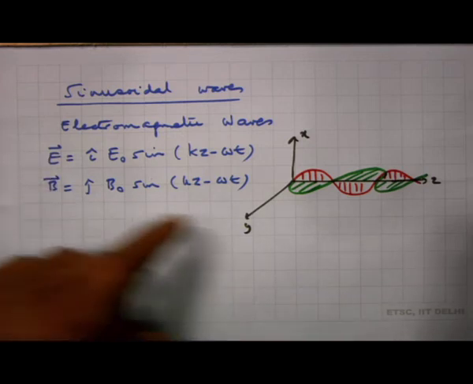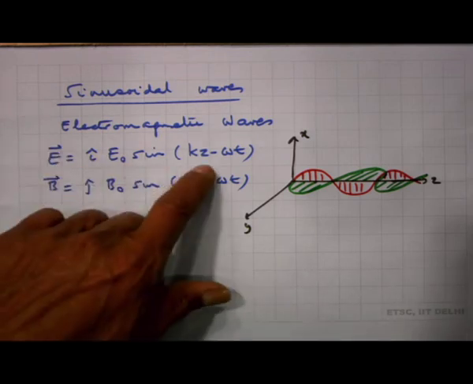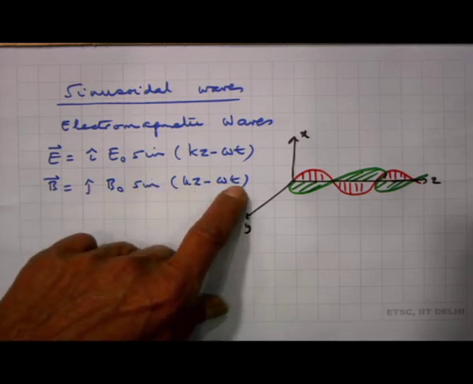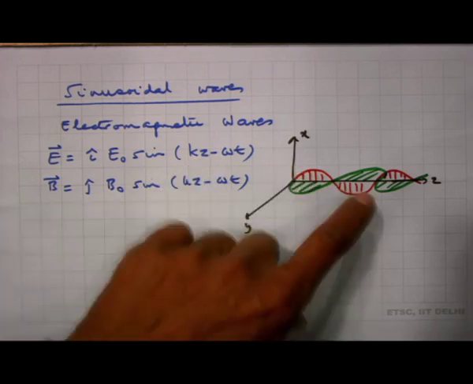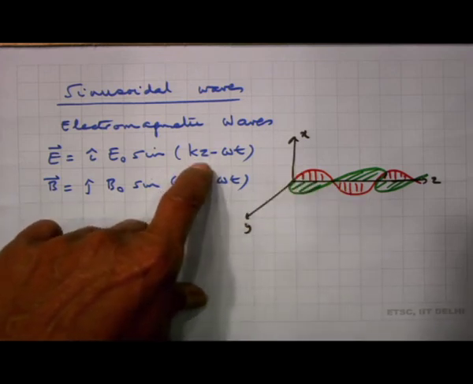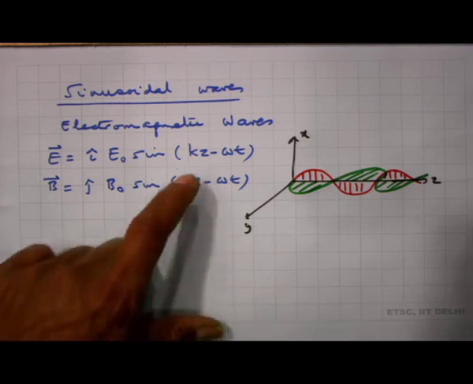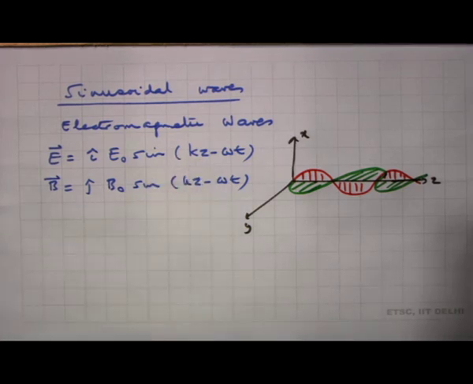We have to write an equation for the electric field as a function of position and time, and the magnetic field as a function of position and time. This is a wave propagating along the z direction. Please remember, in the case of the waves on a string, I had written it as kx minus omega t, which represented waves along the x direction. Here I am writing kz minus omega t, that means this is a wave propagating in the plus z direction.